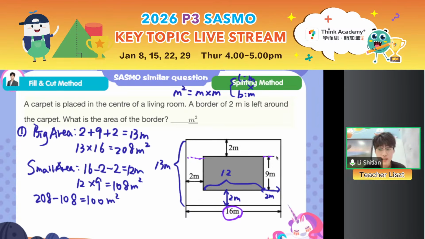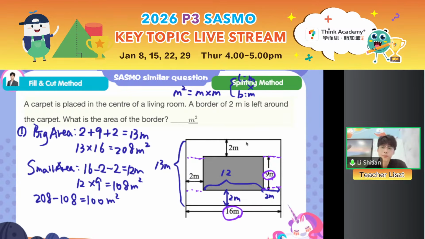I need to cut the border like this. Then the length of this large rectangle is still 16, right? And the length for this short rectangle is 9, which are all on the figure, right? We are using all the information that the question is telling us. It is very, very good.